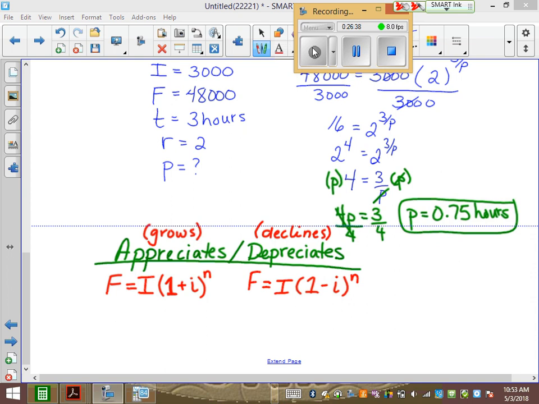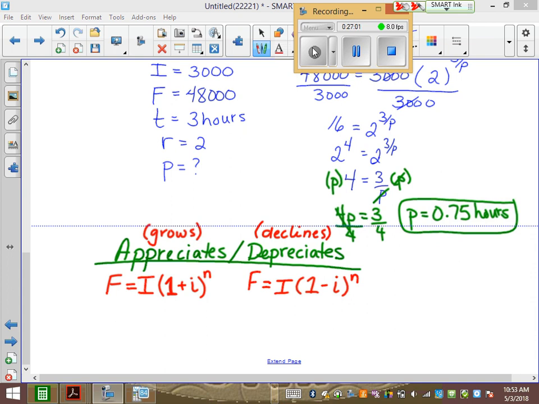The reason why we do 1 minus the interest rate is that the interest rate is going to be in decimal form. So 1 actually represents 100% of the original. If something didn't grow, it would just be 100% of what it was, and 100% in decimal form is 1.